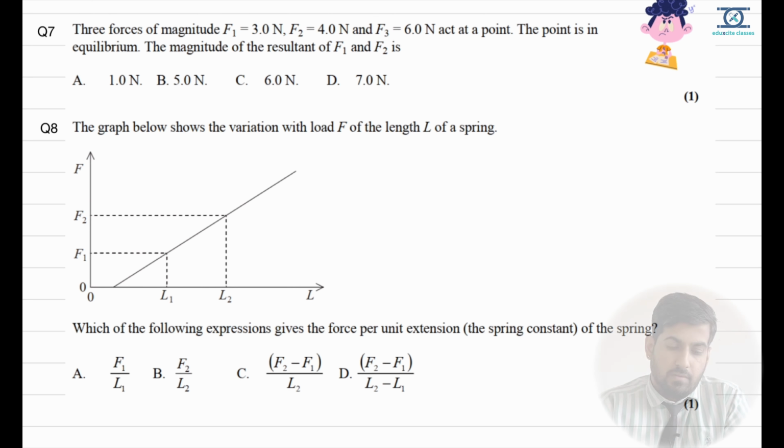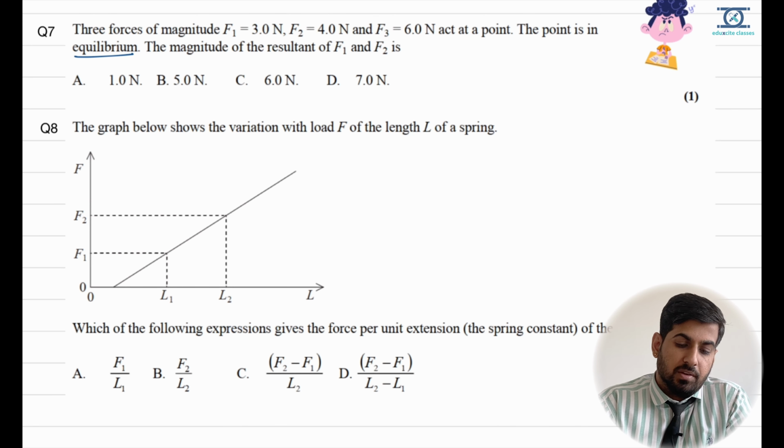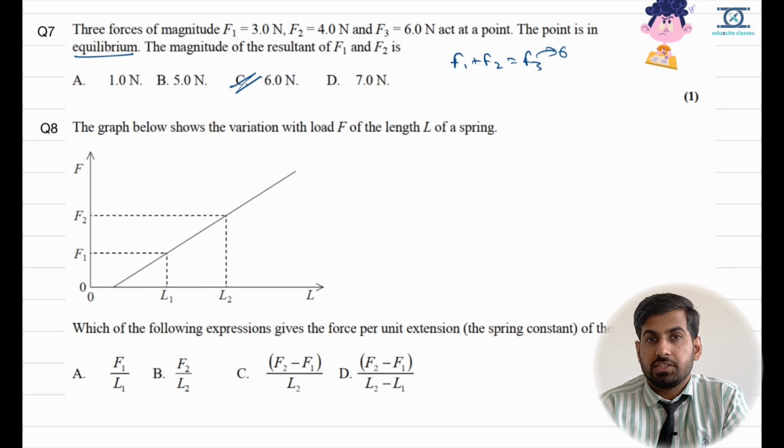Okay, if the point is in equilibrium, we can say F1 plus F2 will be equal to F3, and F3 is 6 Newton, so F1 plus F2 has to be 6 Newton, otherwise they won't be in a state of equilibrium.